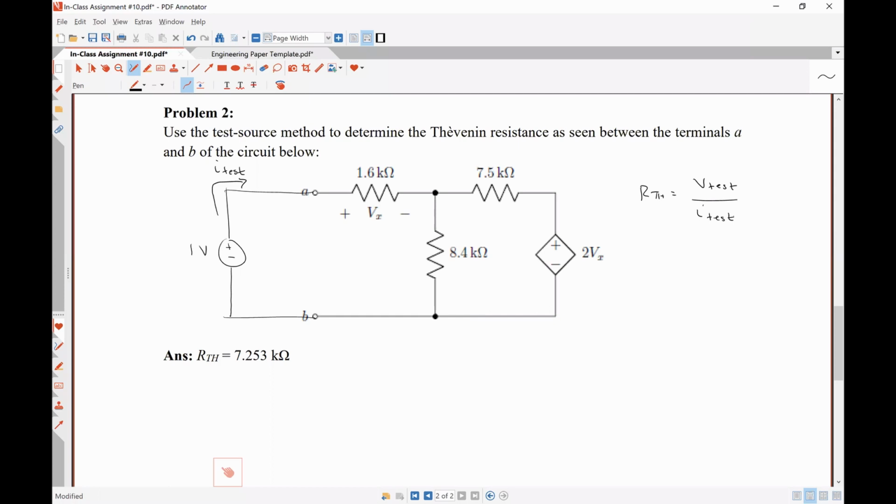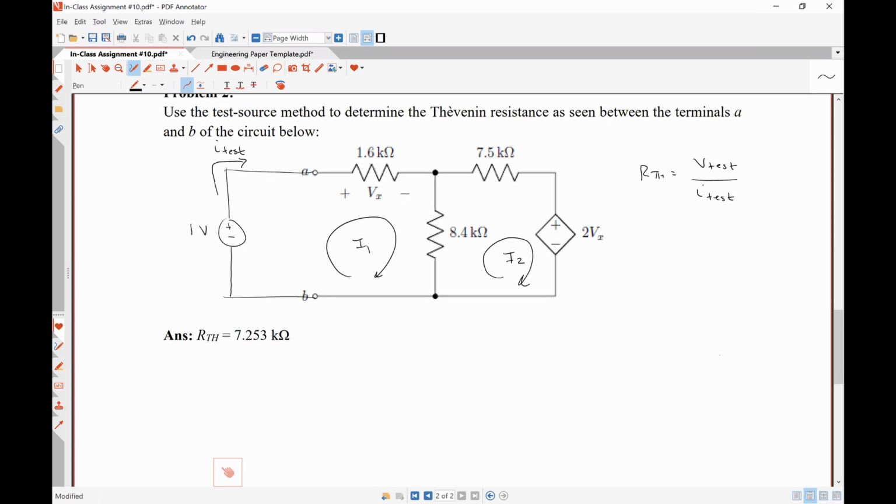So how would you go about solving for I test now? Wouldn't you use mesh analysis? We can use mesh, certainly. So let's call this guy mesh 1, and this guy mesh 2. Okay, so there are no current sources at all, so we don't have to worry about supermeshes or anything like that. So somebody tell me what my Kirchhoff's voltage law equation for mesh 1 is going to be, starting at the bottom left-hand corner.